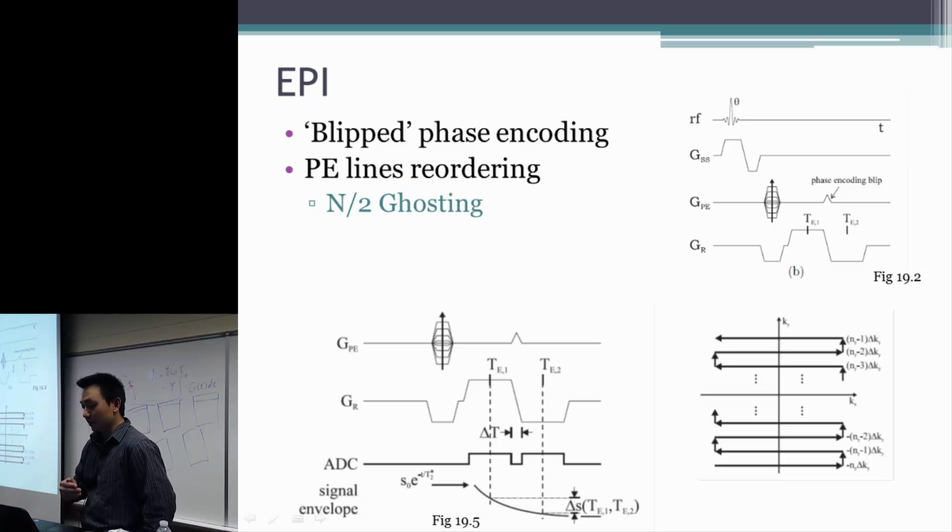So if there is a global field background gradient, or if there is a defect in the gradient system, it is very likely that there will be a constant phase difference between the even lines and odd lines. So this will create N/2 ghosting. We can see an example later, but this is a characteristic artifact of EPI.